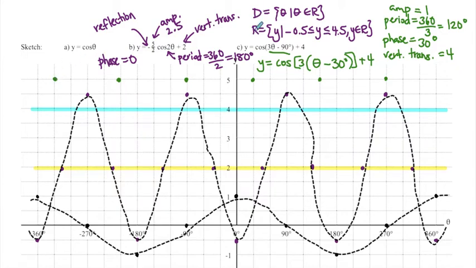And then I know that halfway between there is going to be my lowest point. So I still have an amplitude of 1, so I'm going down to 3. So my lowest point is 3, my highest point is 5. That's going to help me when I figure out my range.